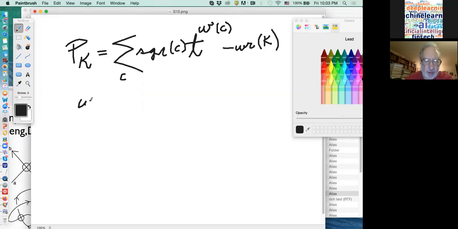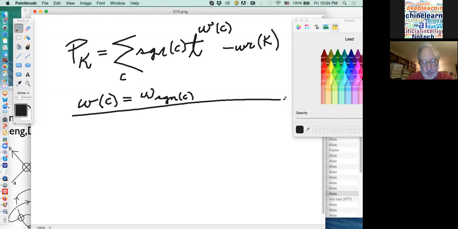Now, the weight of the crossing is equal to the W of sub sign of that crossing. So it's W plus if it's a positive crossing and W minus if it's a negative crossing. So that's the definition of the polynomial.